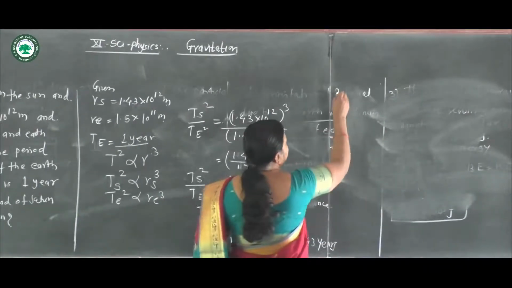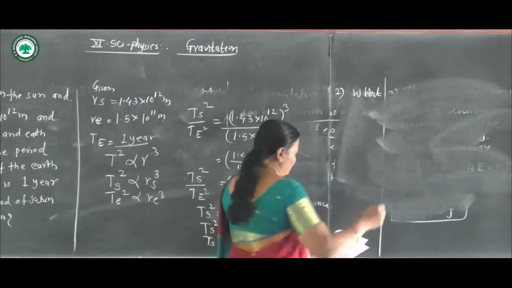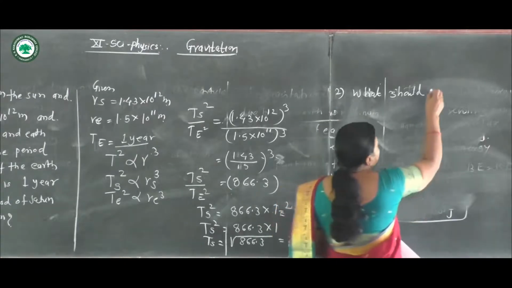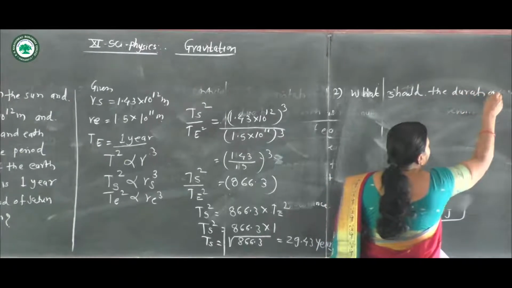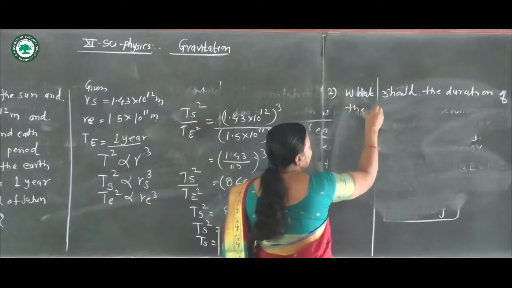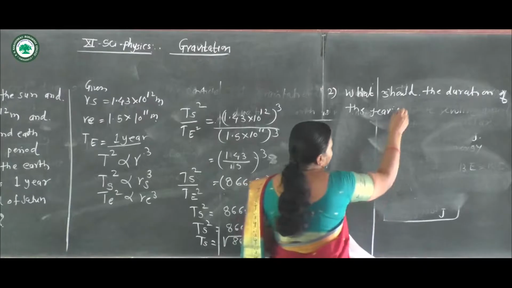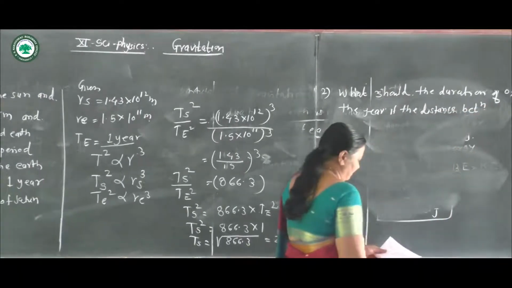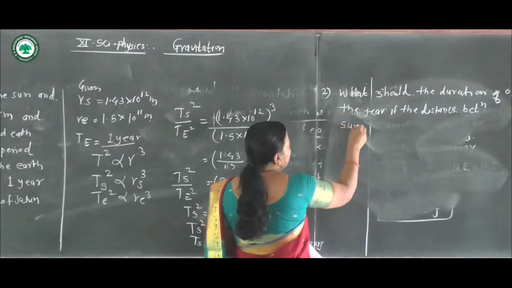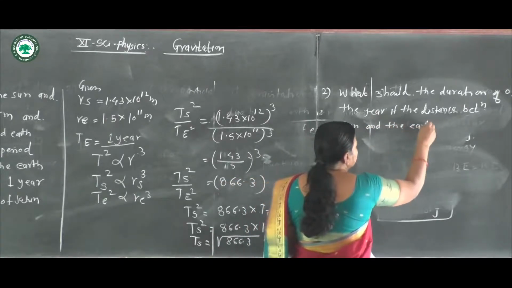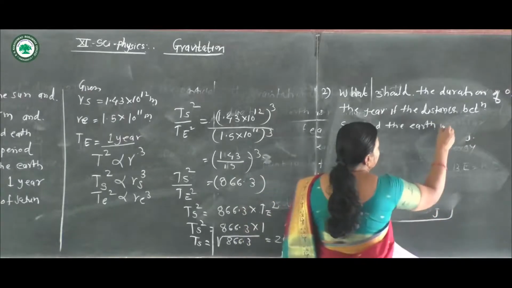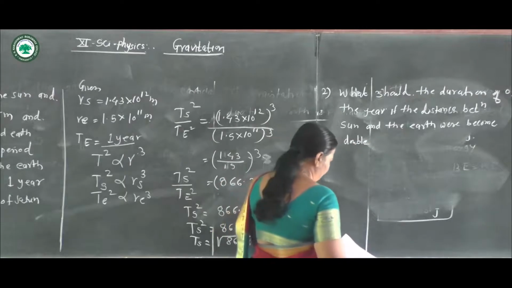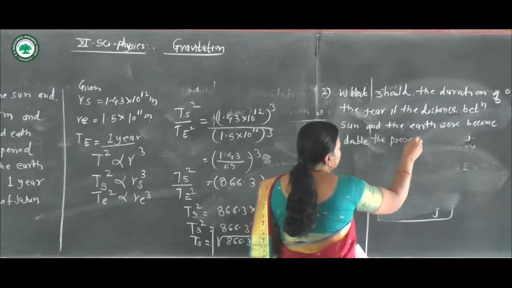Now we perform the second problem. What should be the duration of the year if the distance between sun and the earth were become double the present distance?